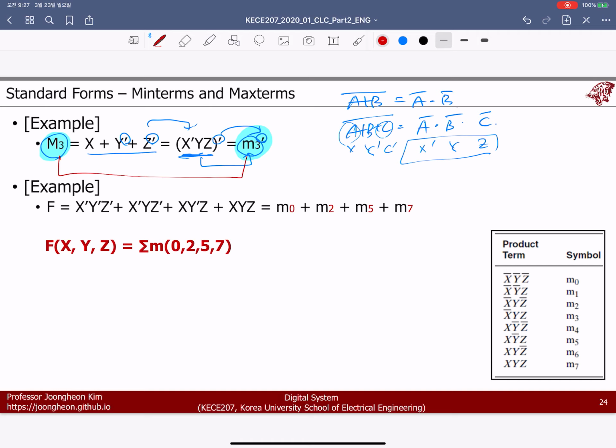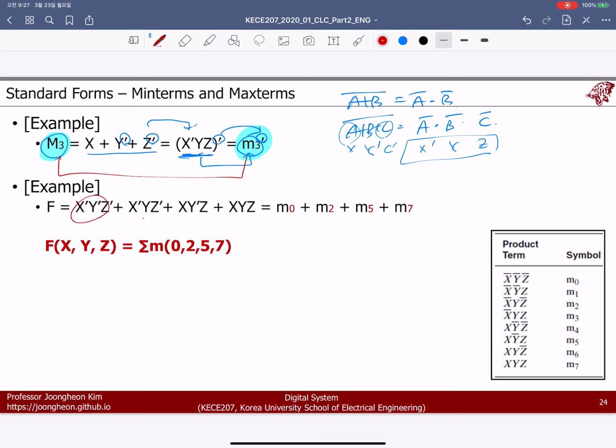Okay, and then by adding or substituting these min terms or max terms, we can define an entire logic circuit. Here we are adding up several min terms in order to make one function.